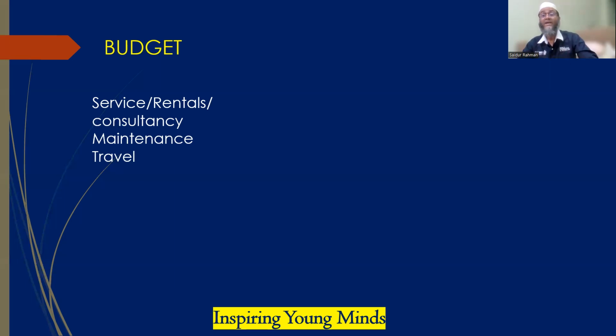Sometimes you may need a consultant in a specific area where maybe the team is not strong. So you need to provide some allocation for that consultancy as well. To hire a consultant, of course, you must have a justification. For example, I was in Saudi Arabia, and we know that in their proposals, they can hire foreign experts.